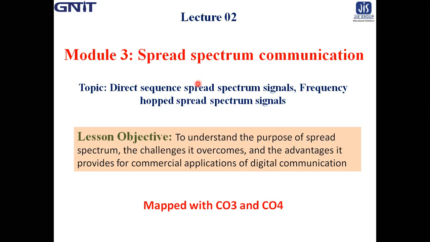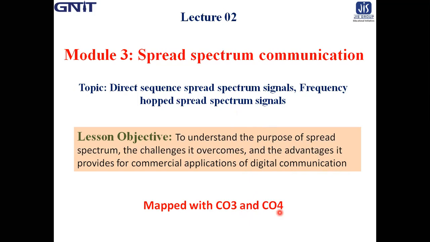The lesson objective of this topic is to understand the purpose of spread spectrum, the challenges it overcomes, and the advantages it provides for commercial applications of digital communication. And this topic is mapped with CO number 3 and CO number 4.